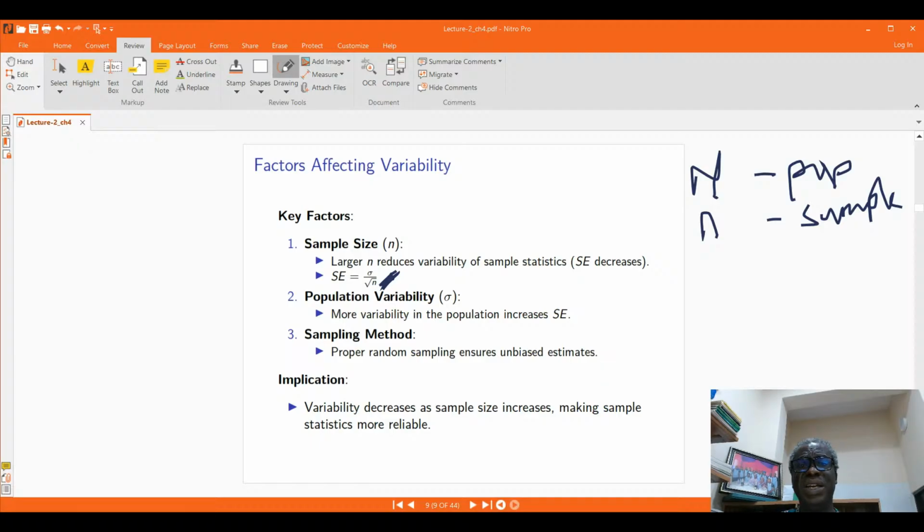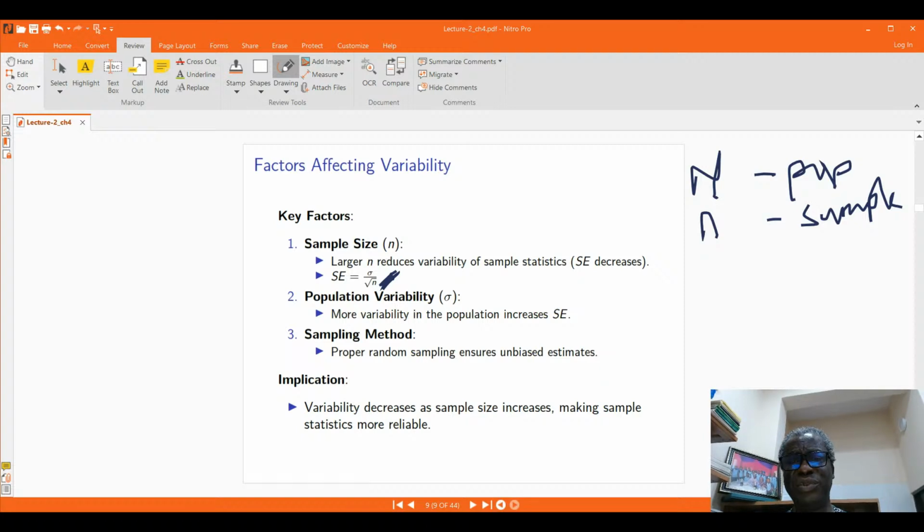So it is therefore very, very important that when you are taking your sample, you should ensure that your sample is random and representative.